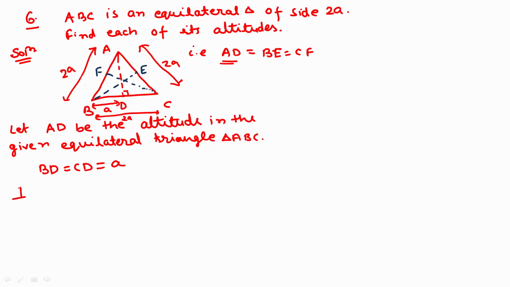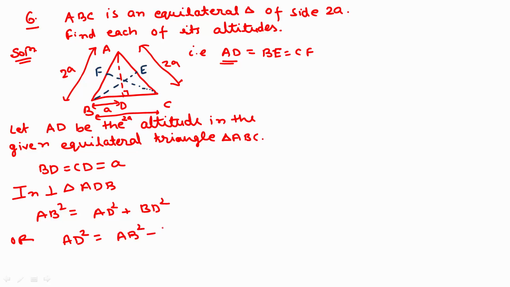So apply the Pythagoras theorem in the right angle triangle ADB. AB square is equal to AD square plus BD square, and we have to find the value of AD. So we can write AD square is equal to AB square minus BD square. Putting the values, AB is 2a whole square minus BD is a square.